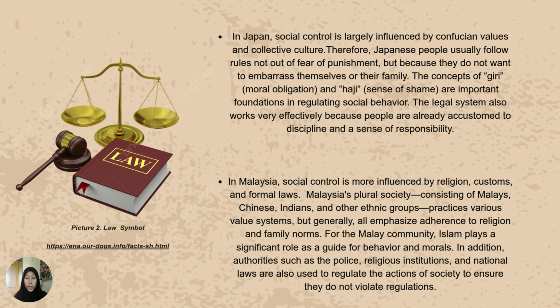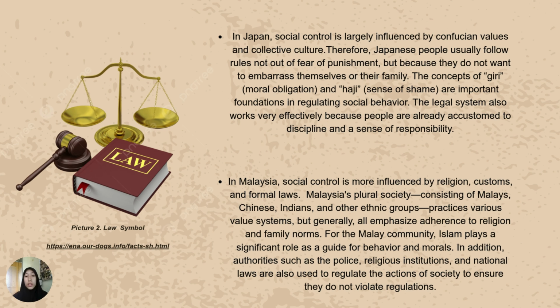For the Malay community, Islam plays a significant role as a guide for behavior and morals. In addition, authorities such as police, religious institutions, and national law are also used to regulate the actions of society to ensure they do not violate regulations.